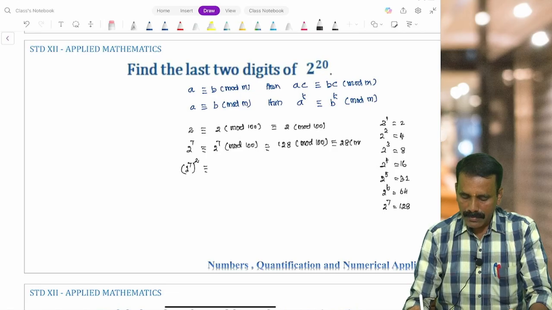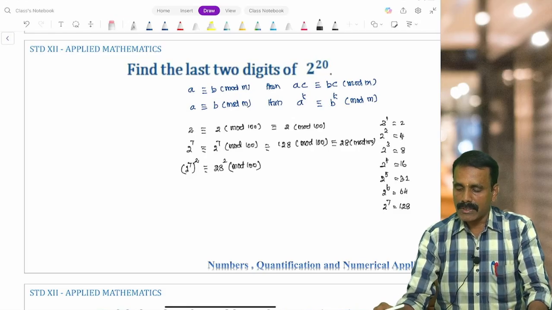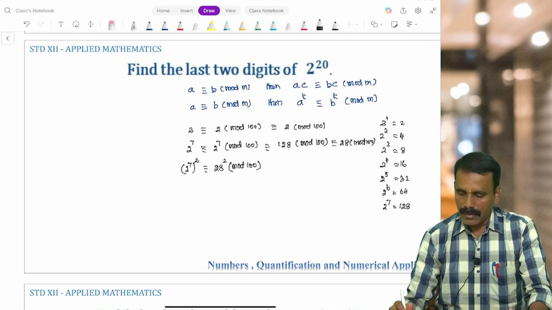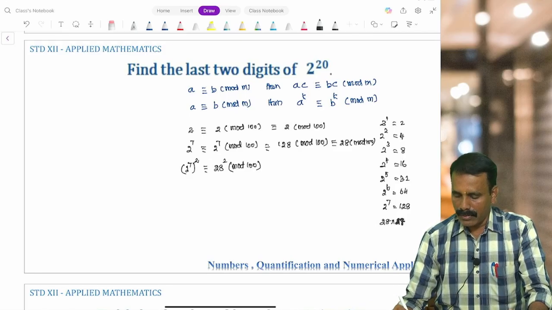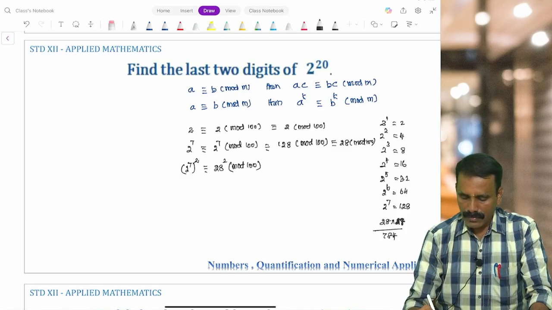Now I am going to calculate 2 power 7 whole squared, which is congruent to 28 squared mod 100. Now we have to calculate what 28 squared is. It is 28 into 28. When you multiply, you get 784.